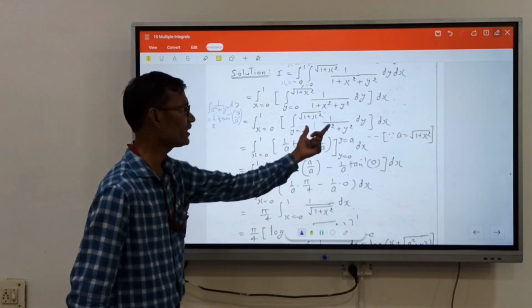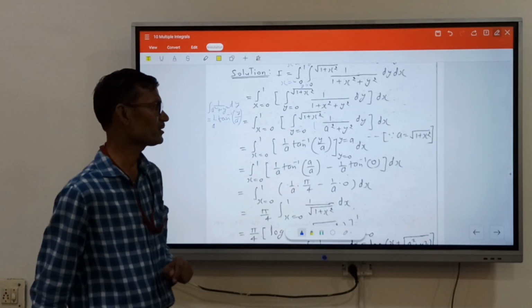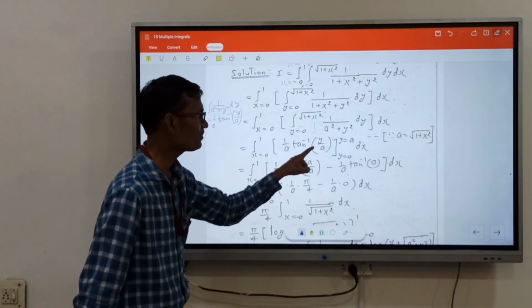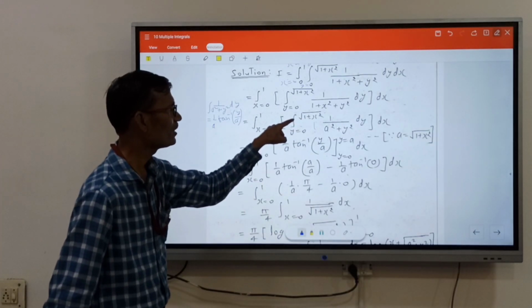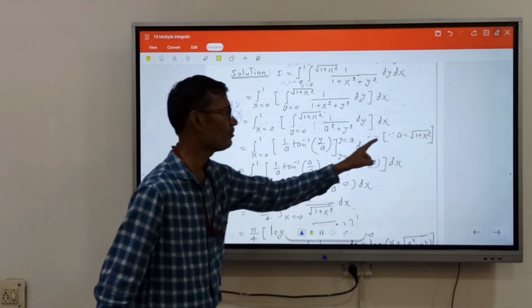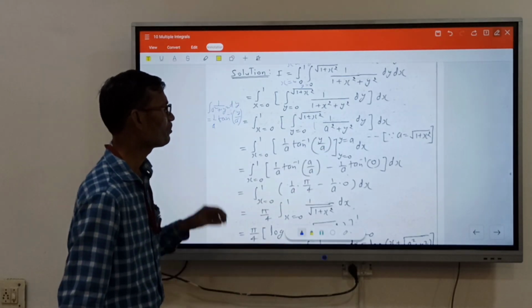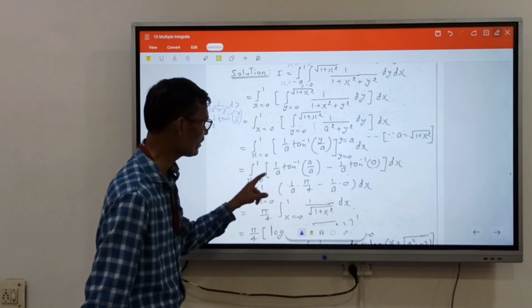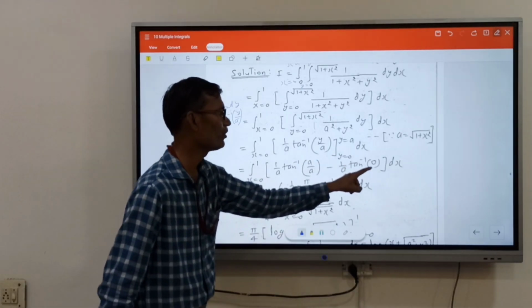Now after integrating this internal integral, we are going to evaluate the limits. We first evaluate it for the upper limit y equal to a, because the value under 1 plus x square will become a. Now put the upper limit, and then minus the lower limit.